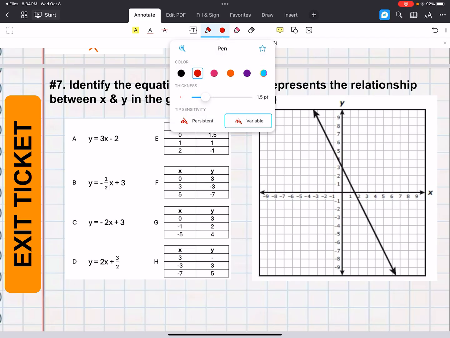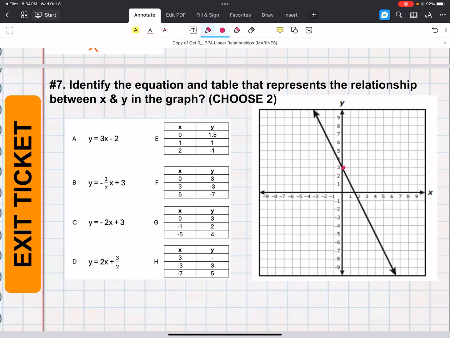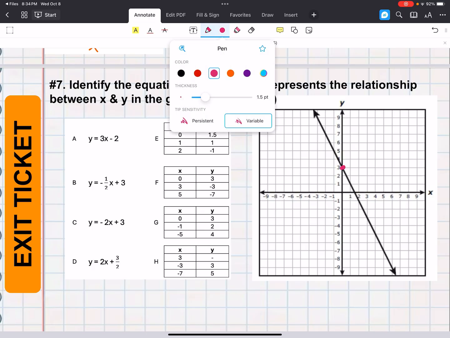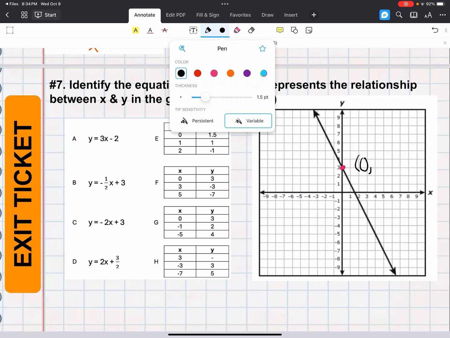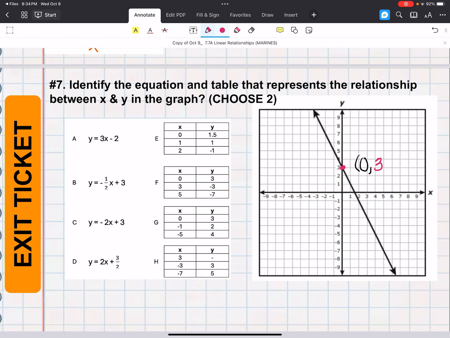From here, let's look at our graph. And the first thing I want to identify is my y-intercept. And my y-intercept for this graph is going to be 3. So just by doing that, when you look at your equations, notice how there's only 2 equations that have the +3.